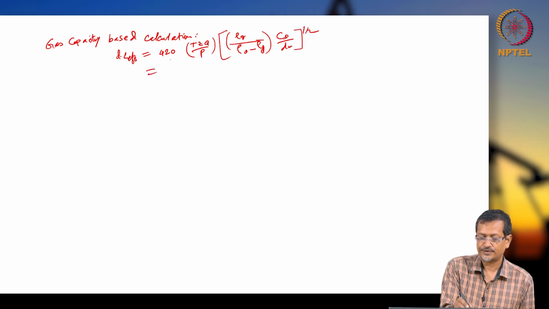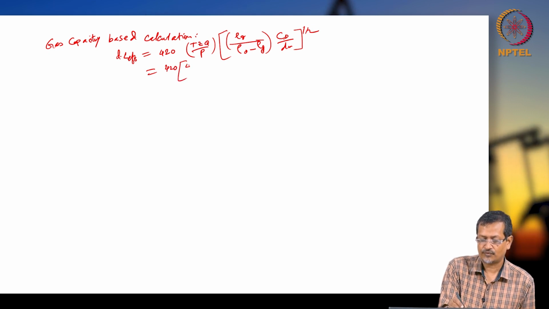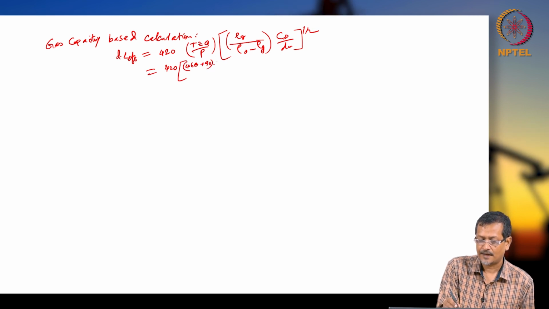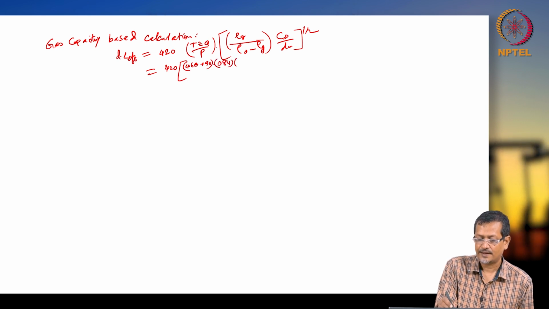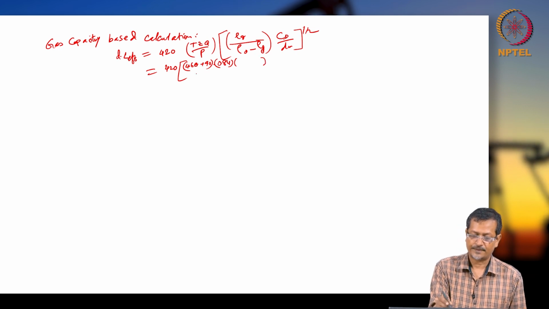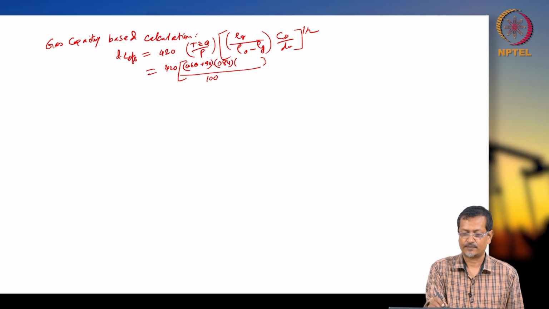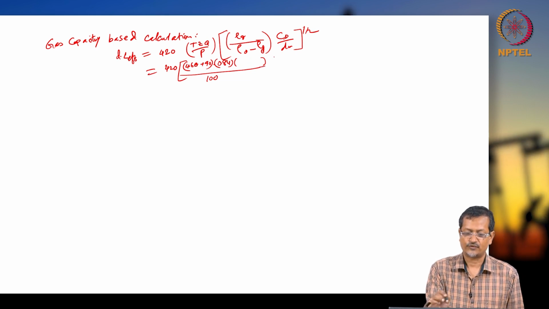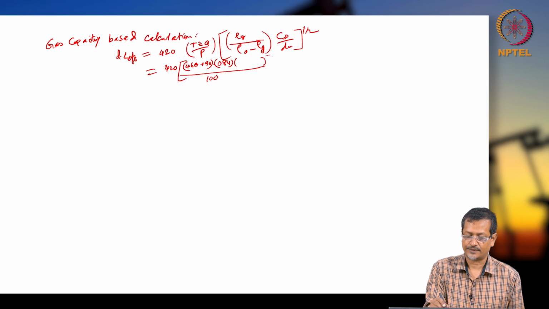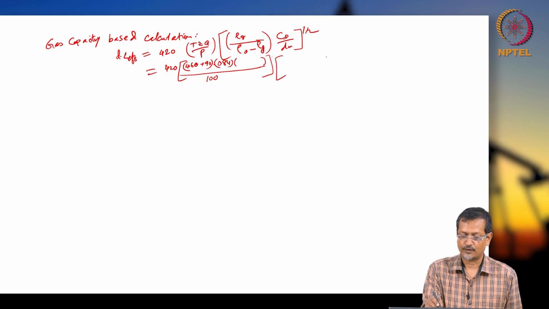Now if I want to put the data, 420 is the constant, T is 460 plus 90, Z is already given as 0.84, and the Q value I will keep blank for now. P is already given, 100 psia. First I will calculate rho G and this part, after that put Q.